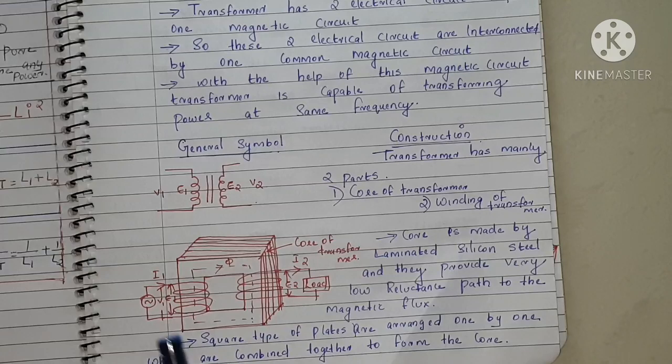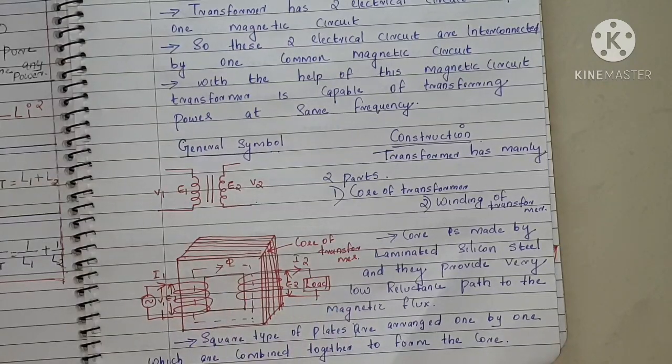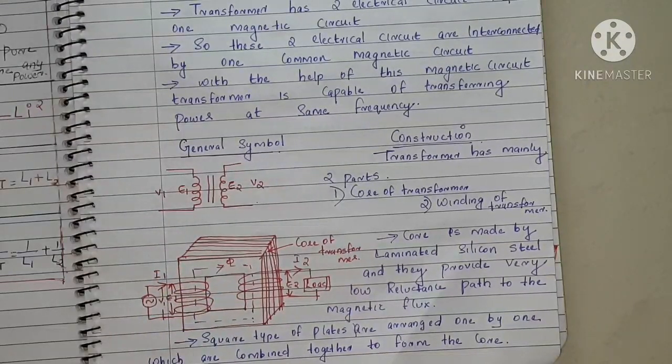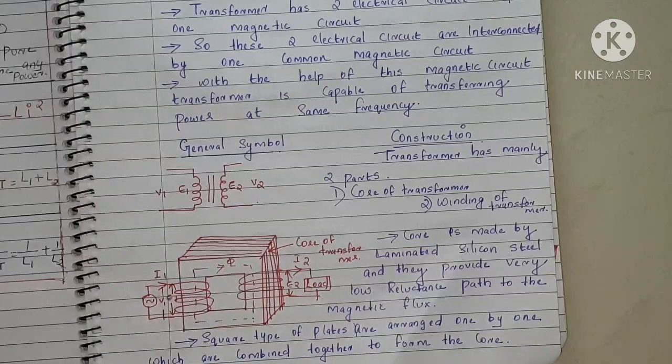It mainly consists of two windings, primary as well as secondary. The copper wire is wound onto this construction to form the primary winding, and to this primary winding the input is given, that is, the supply is given.